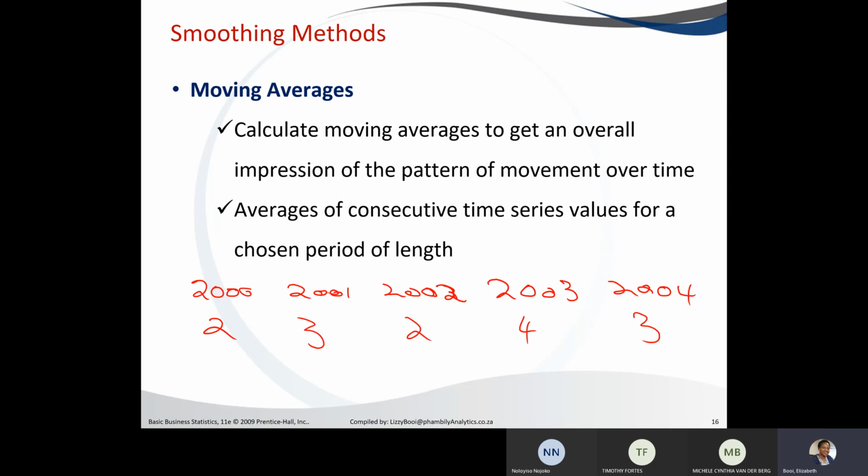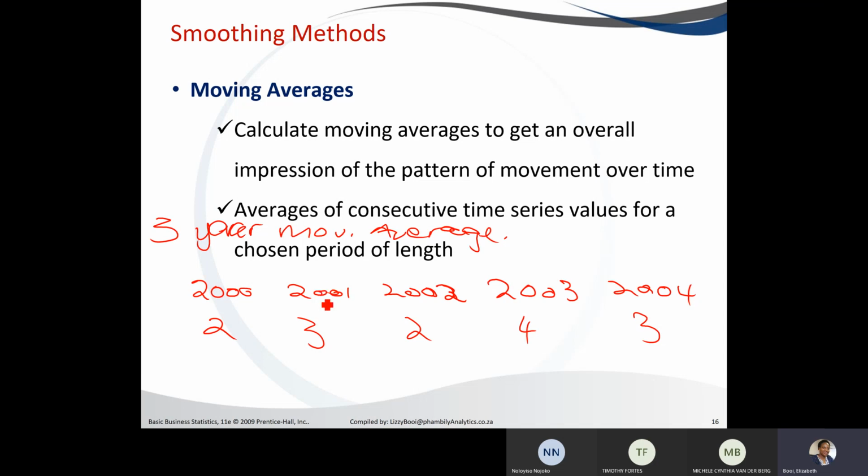So moving average means we're going to take that period, because it is the average of consecutive time series values. So if we're doing a 3 year moving average, then we're going to take all these years and say 2 plus 3 plus 2, which is 7, divide by 3.